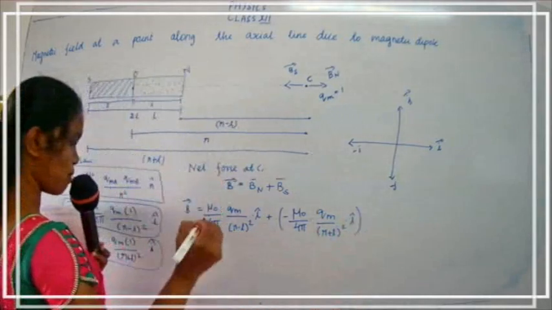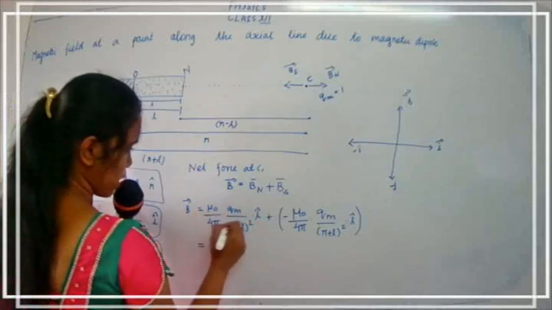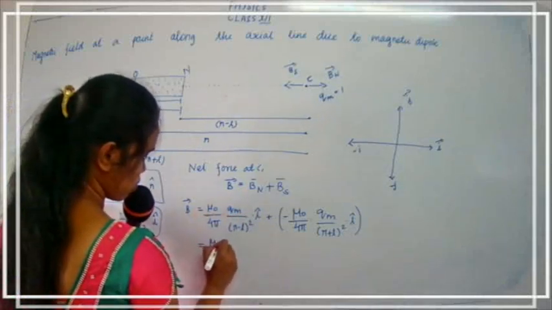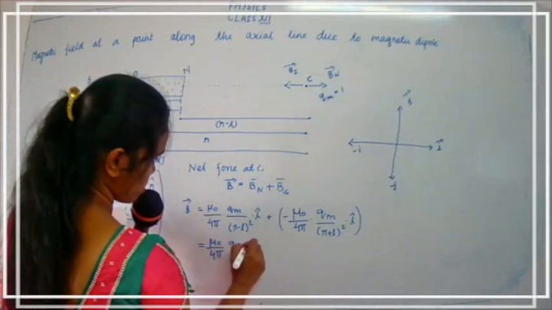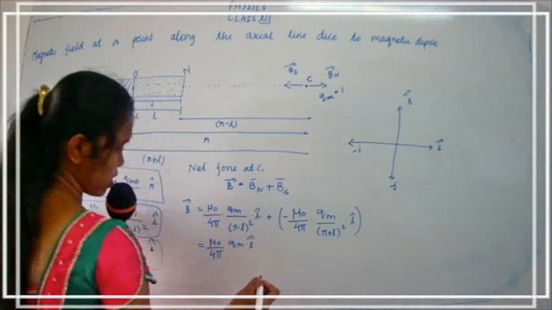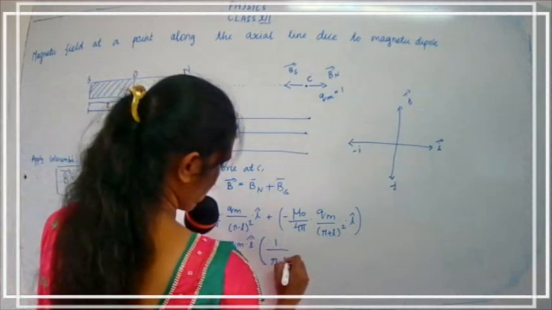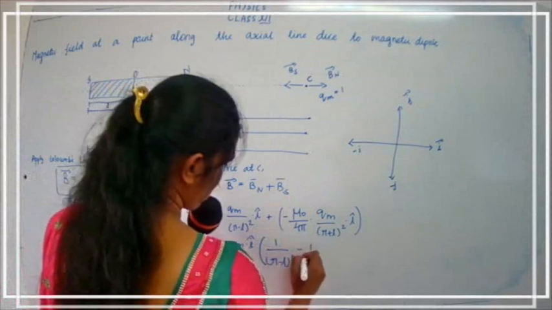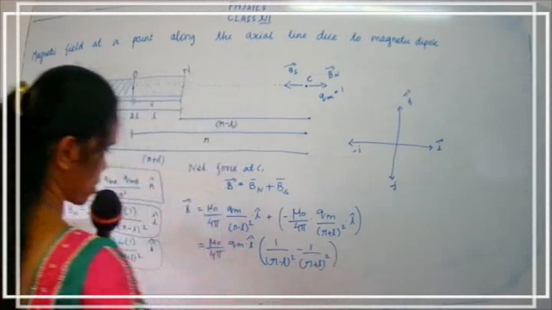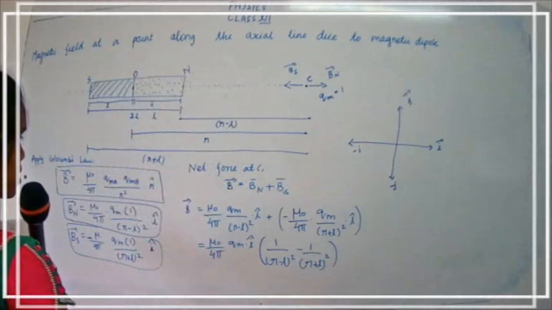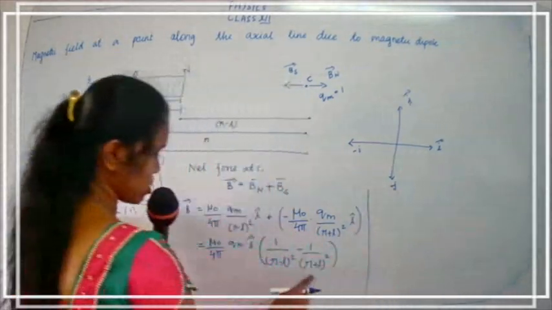Now you take the common terms outside. What are the common terms here? Qm and this i cap. Mu naught by 4 pi Qm i cap. Now take outside 1 by r minus L the whole square minus 1 by r plus L the whole square. Have you written? Now take LCM.